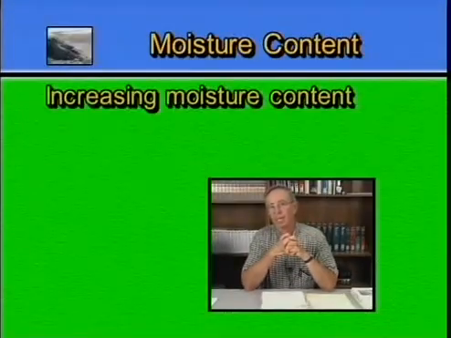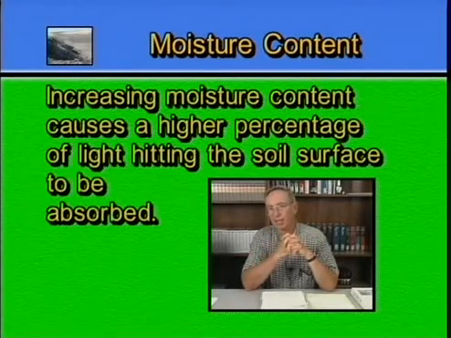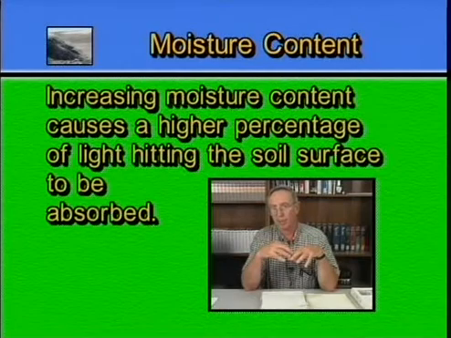Most of us, if not all of us, I'm sure, would know that as the soil gains in moisture content, it becomes darker in color. What we may not all realize is why that is, and the reason for that is that if we increase moisture content of that soil, we are getting a higher percentage of the light striking that soil surface being absorbed and a lower percentage being reflected.